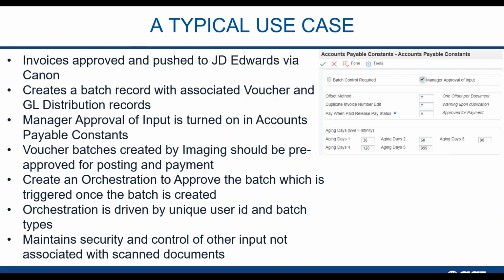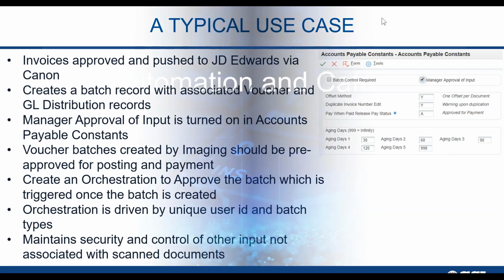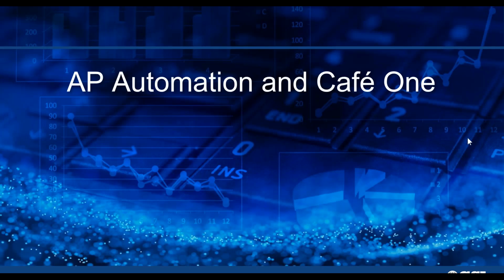You can still have it in play, whereas people that are entering invoices and vouchers manually still have to go through an approval process. But yet those that are coming in via Canon can already be pre-approved via the orchestrator and posted. So just another example of how orchestrator notifications can help you within JD Edwards.